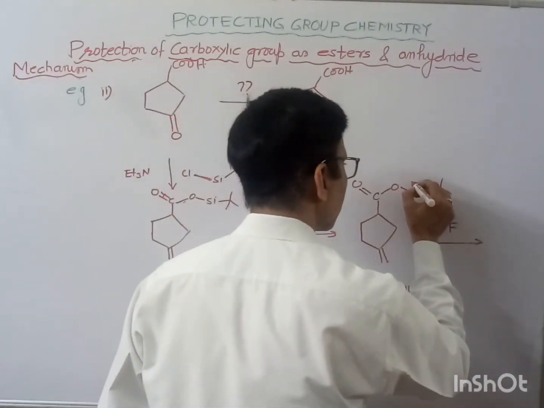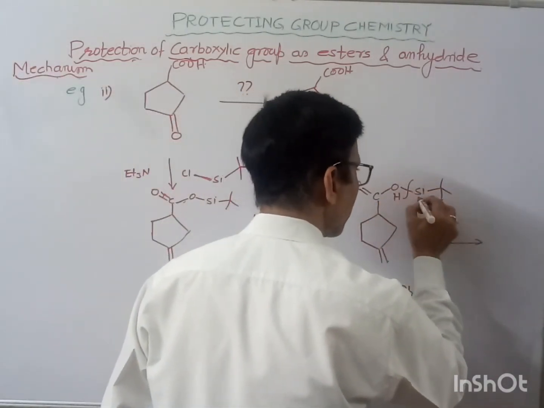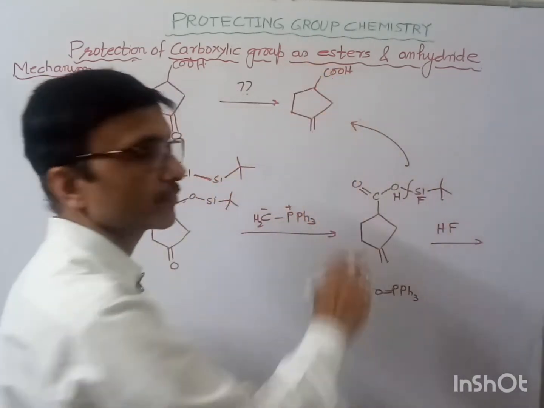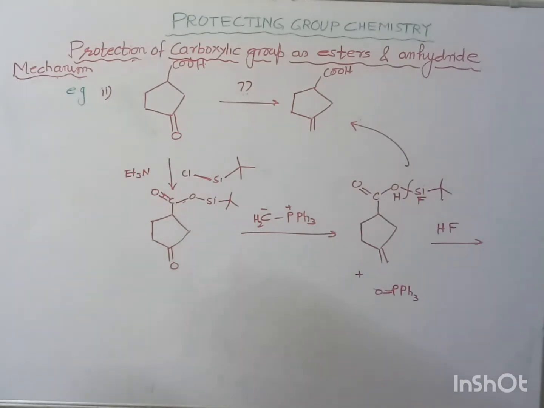So this bond will get broken, here H will come, here F will come, and you will get the desired product this way. Okay, so this is the conversion.